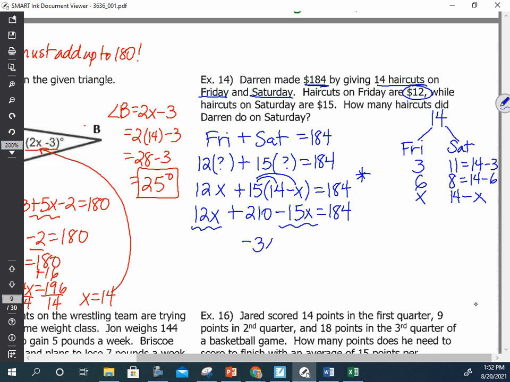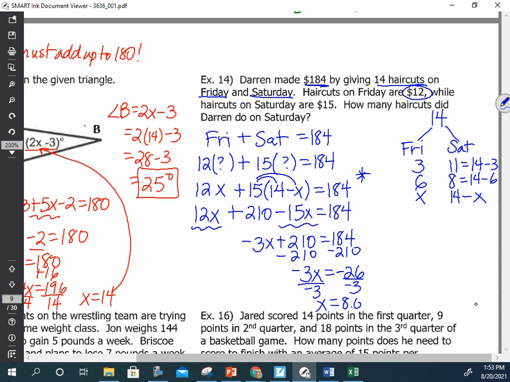Negative 3x plus 210 equals 184. Subtract 210. Negative 3x. So now if we do our computation, 184 minus 210 gives us negative 26. Divide by negative 3.